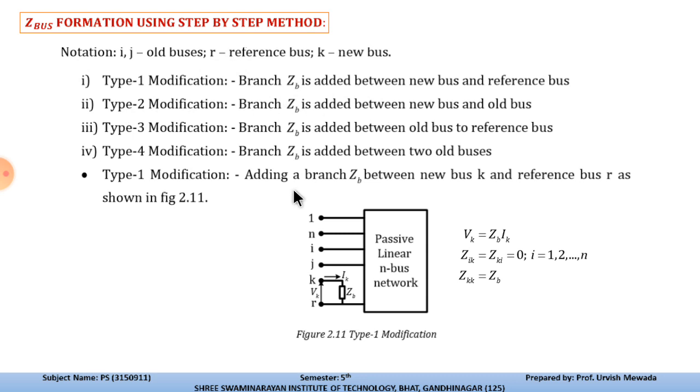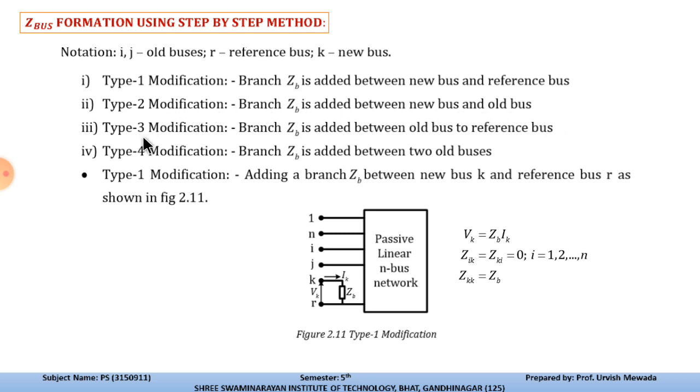The initial network is considered without this sub circuit, and it has only N, I, J and R lines, where this is the network, and this is the portion which is added in the type 1 modification. So here you can see that the branch ZB is added between the new bus and the reference bus. In the type 2 modification, the branch ZB is added between the new bus and the old bus.